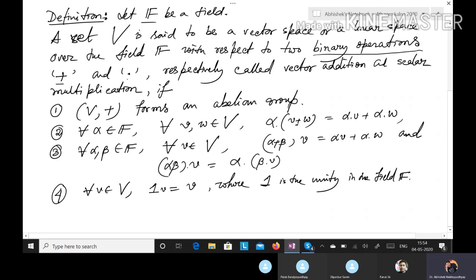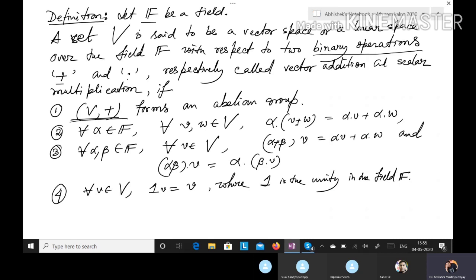First, V plus must be an abelian group. So this is an important structure, that it is an abelian group with respect to plus.